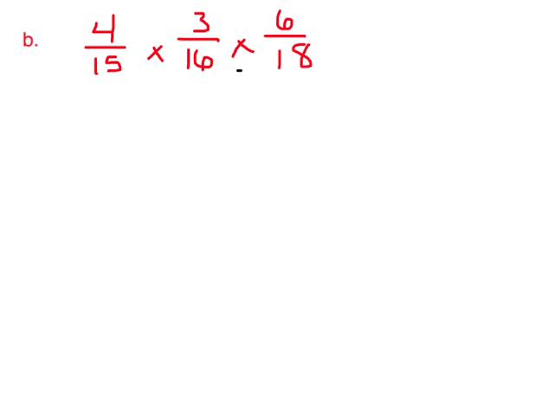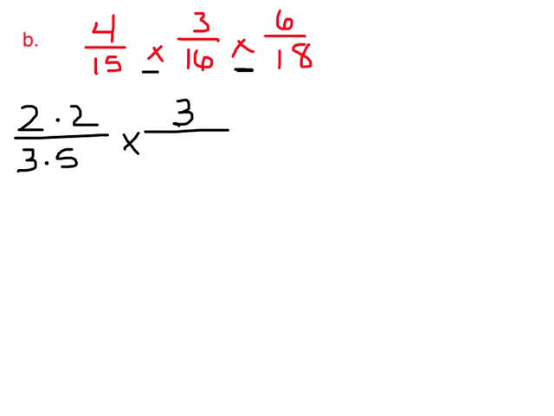And again, you have to be careful to watch your signs because in this one, all the signs are multiplication. So 4 breaks down into prime factors of 2 times 2 and 15 of 3 times 5. And 3 does not break down because it's already prime. But 16 is 4 times 4.